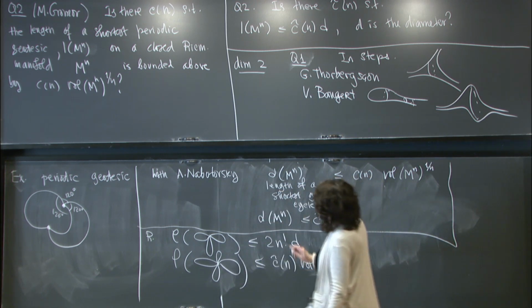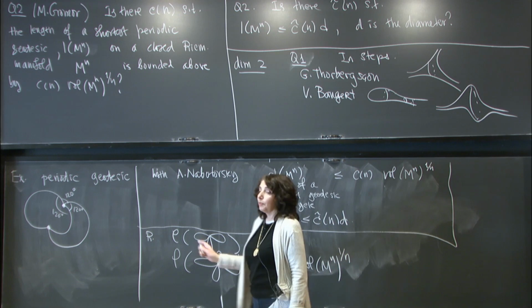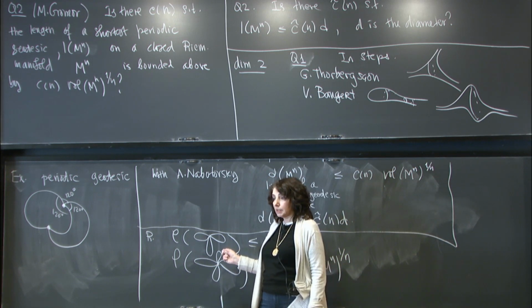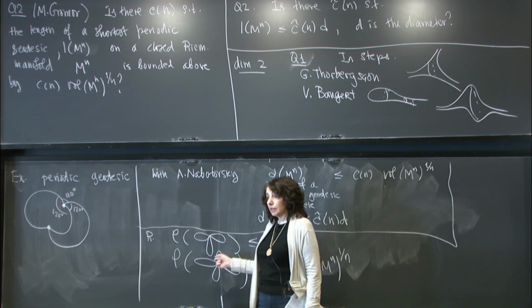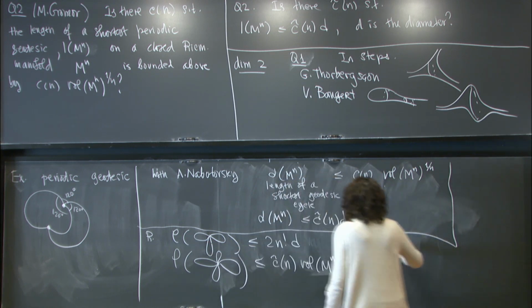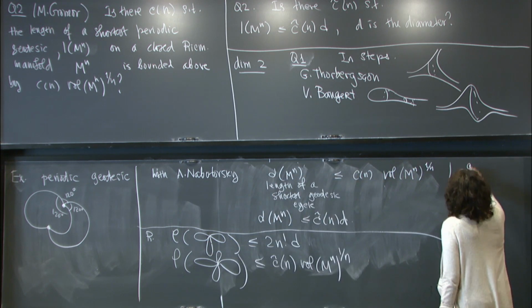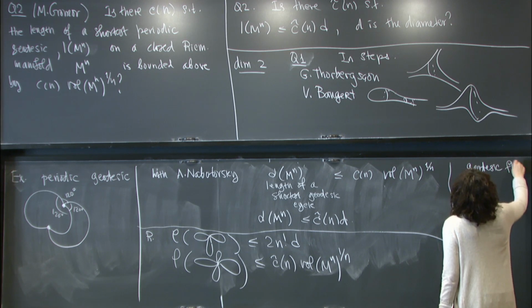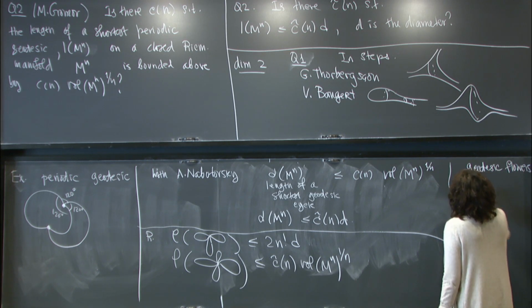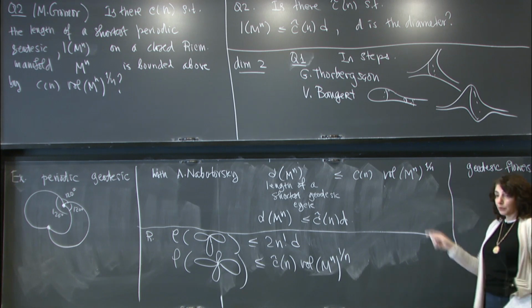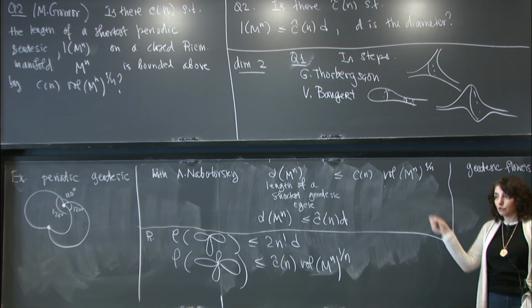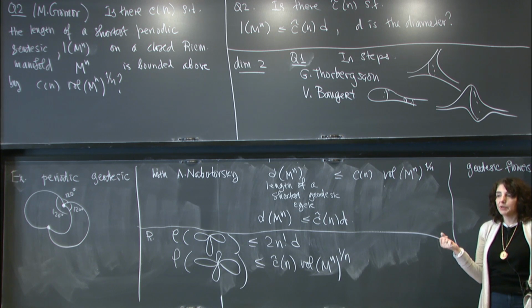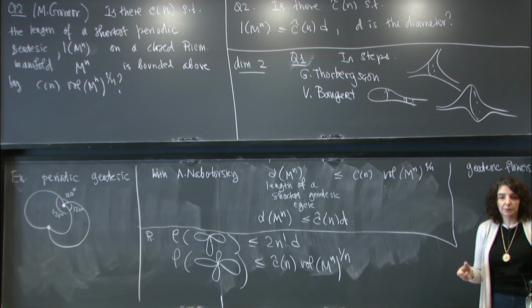So I have bounded the length of particular geodesic nets, those that consist of one vertex. I call them geodesic flowers. They have one vertex and a bunch of loops that originate from this vertex, and they satisfy the stationarity conditions needed for a stationary geodesic net.